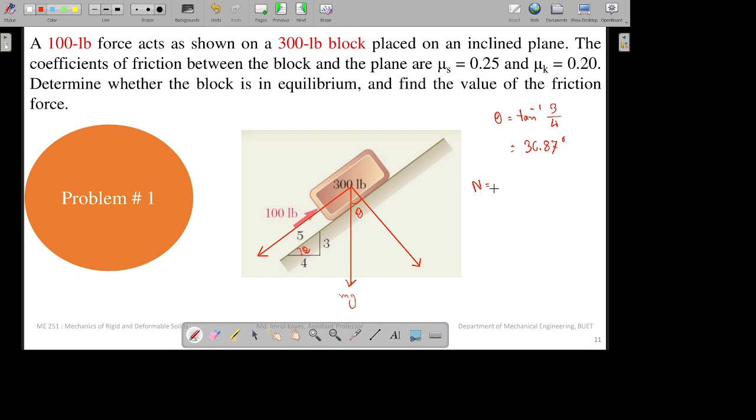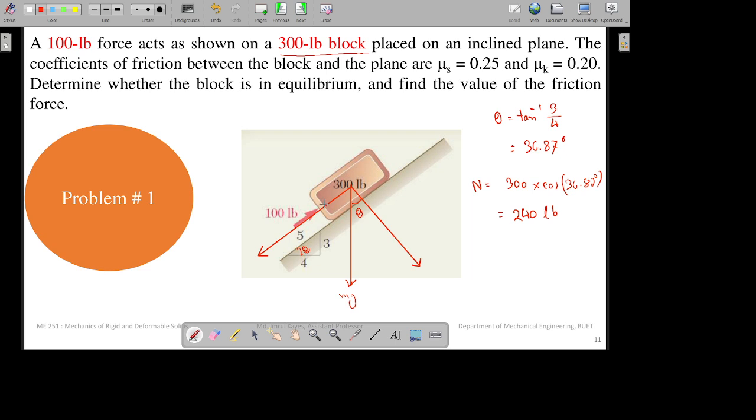So n will be the weight, 300 pound, multiplied by cos 36.87 degree. That comes out to be 240 pound. So now you know the value of the normal force, and you can calculate the static friction. First you will calculate the static friction to determine whether it will move or not.